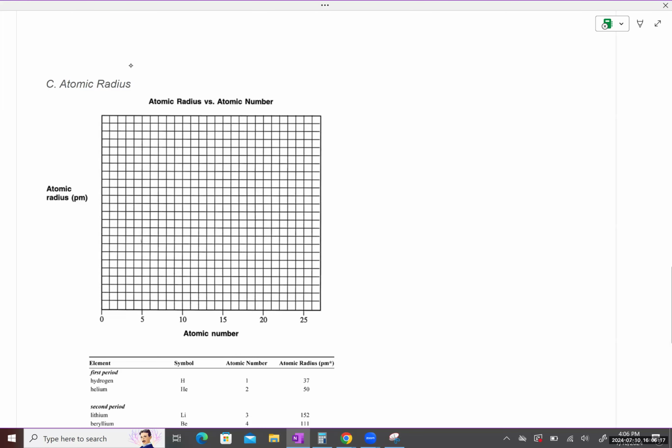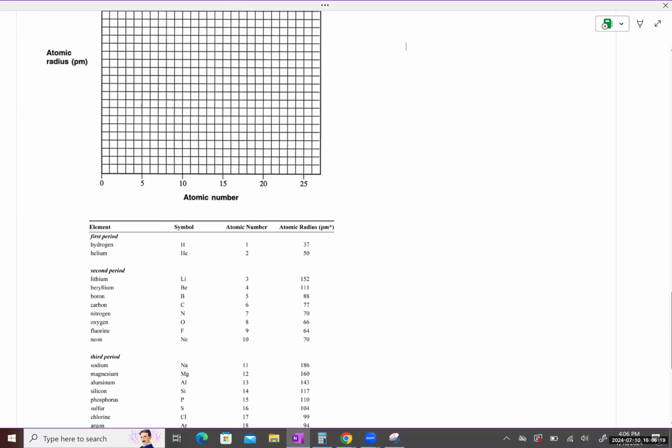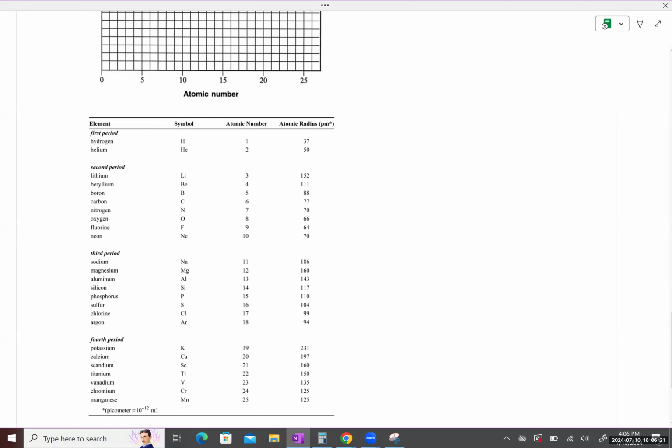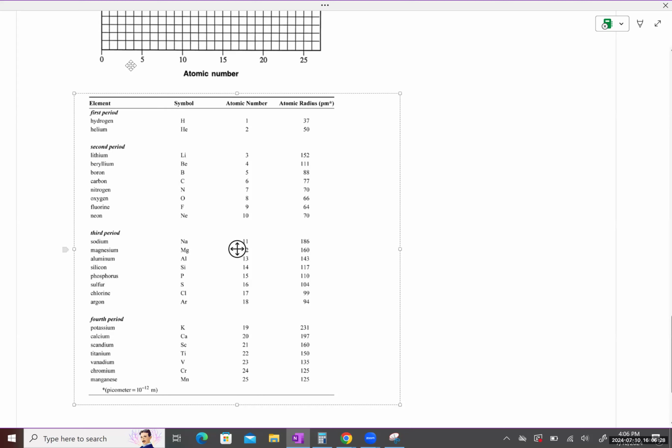I need to get a sense of, for the first 25 elements, what is the largest atomic radius that I'm going to encounter. In this case, if we look at this table, the upper bound is going to be about 230 to 235.